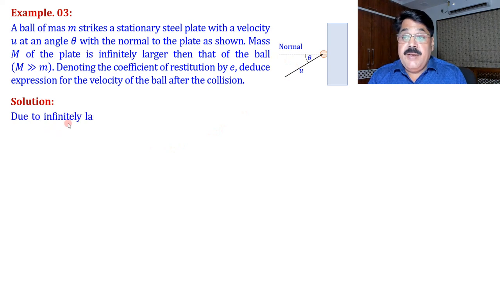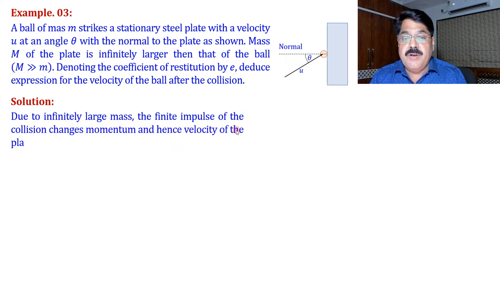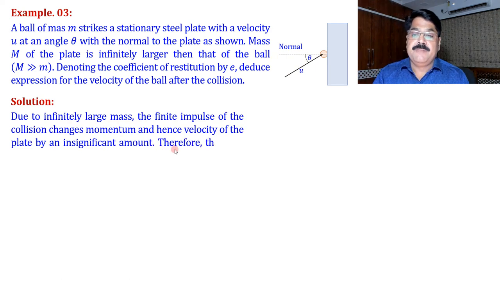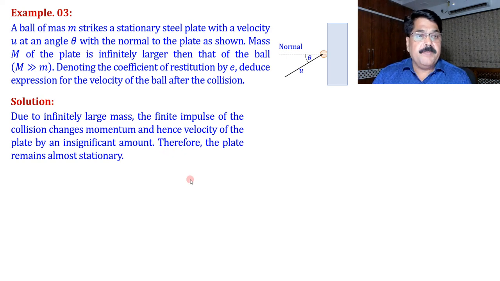Due to the infinitely large mass, the finite impulse of the collision changes the momentum and hence the velocity of the plate by an insignificant amount. Therefore, the plate remains almost stationary. That is a very important aspect. Actually, we know that the total impulse of the deforming forces is finite, and that will be equal to the change in momentum of the ball.